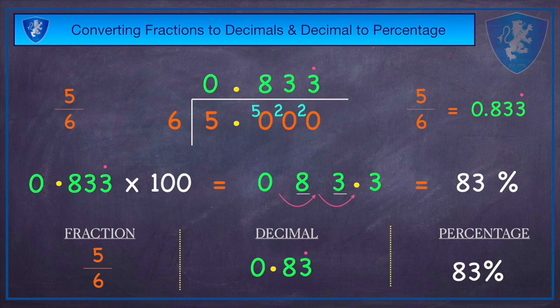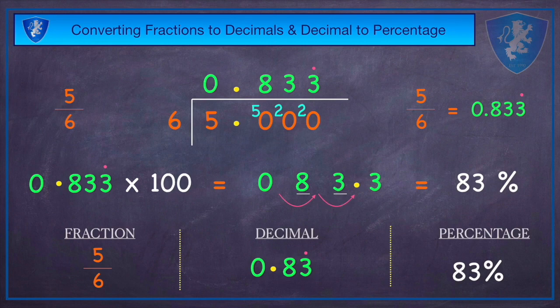So I've just put a dot there to stop it, and so 5/6 is 0.833. Now we convert this into a percentage, multiply by 100, 2 places, so 83.3, which I've just rounded off to 83%.